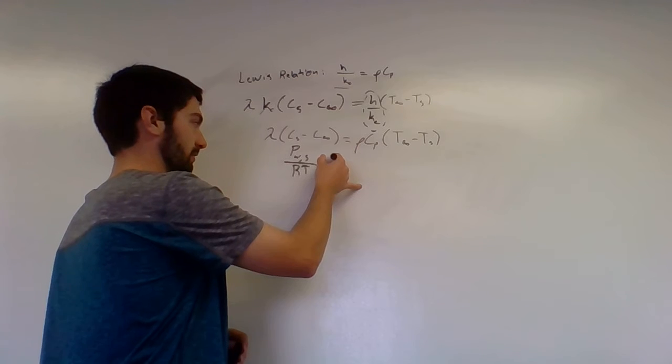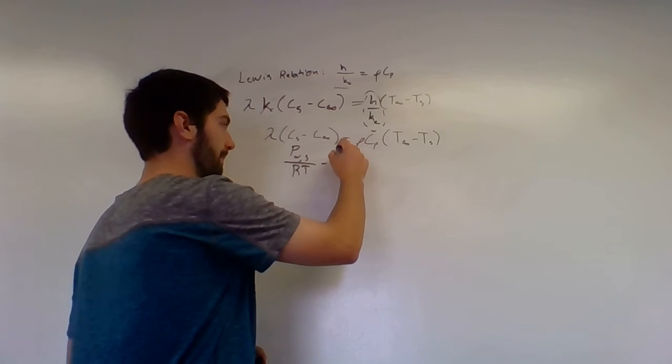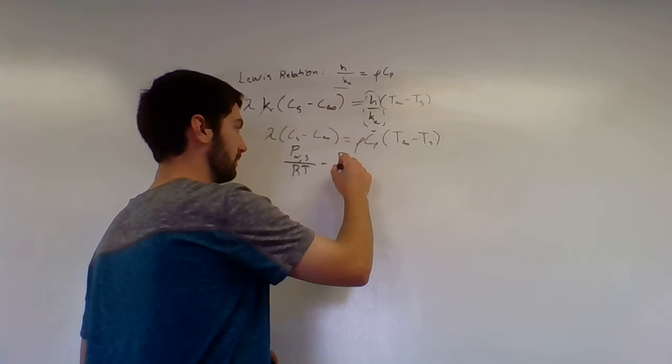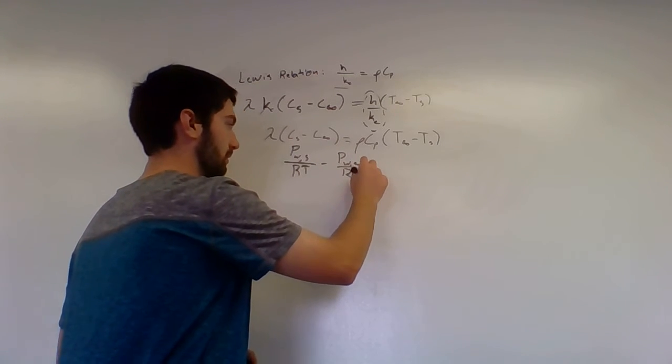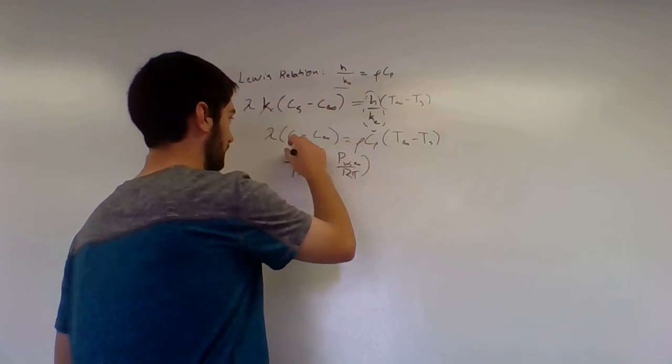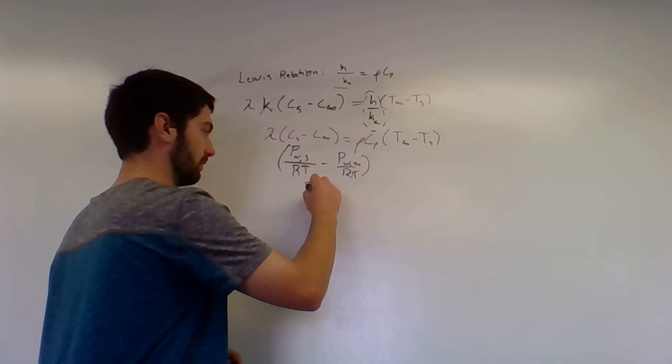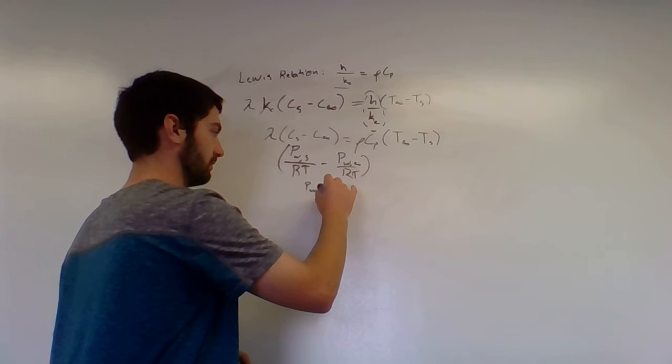And then we can do the same thing for the concentration of water in the air. It's the partial pressure of water in the air over RT. So now, just to make it easier, we'll write it as one fraction.